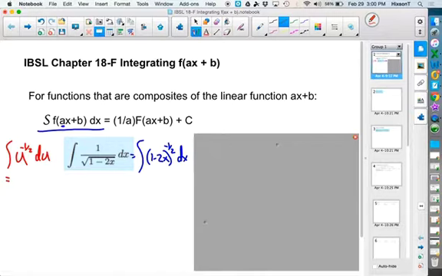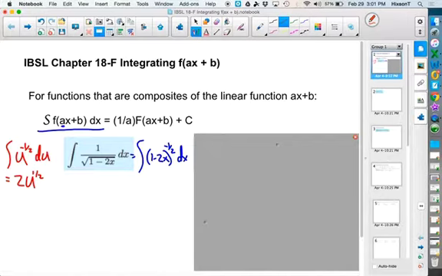What's the integral of something to the negative 1/2 power? You add 1, so it's u to the 1/2, and then times the reciprocal of the new exponent. So yeah, it's times 2. 2u to the 1/2.